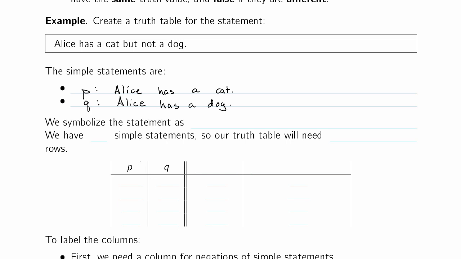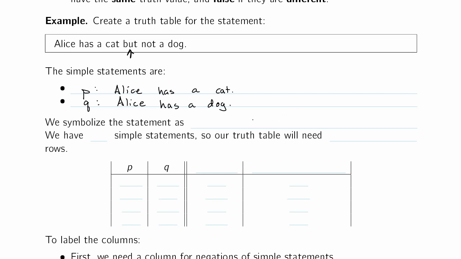Okay, how should we symbolize this? Well, the only conjunction in the Schoolhouse Rock sense, in the grammatical sense here, is but. That wasn't one of the words on our list. But we saw before, by looking at truth tables, that but is the same as an and.